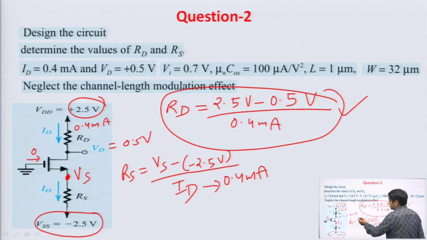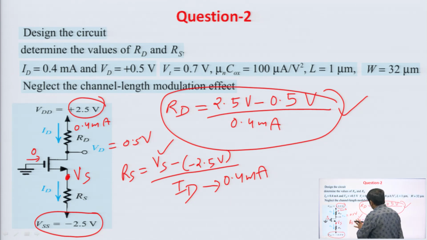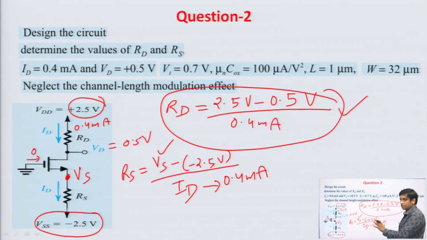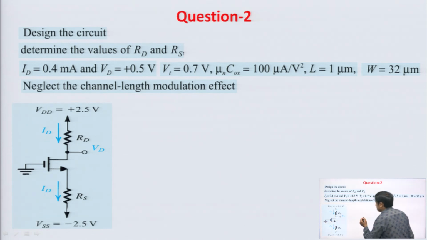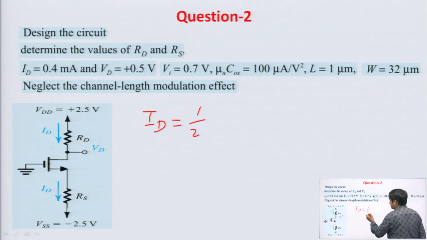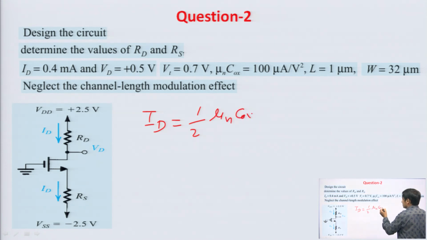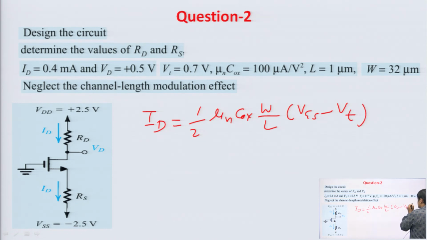Now, the problem can be solved if we know the value of VS, and VS is not given. So, we have to calculate the value of VS, the source voltage, and we know that the MOSFET is in saturation region, fine. Up to this I hope it is clear to you. Now, the drain current equation in the saturation region is ID equals 1 by 2 mu n Cox W by L times VGS minus VT whole square.